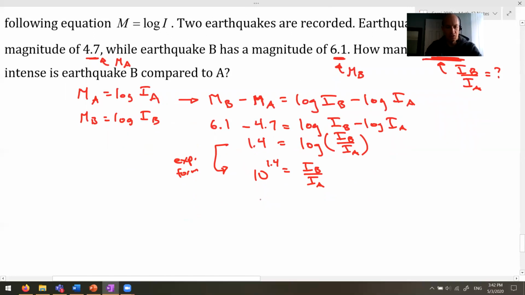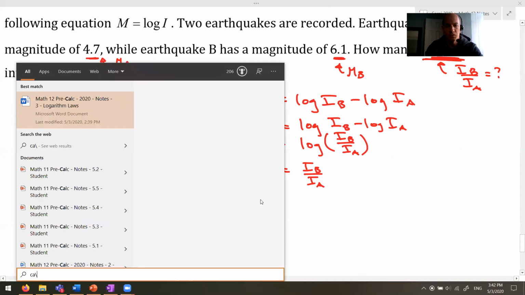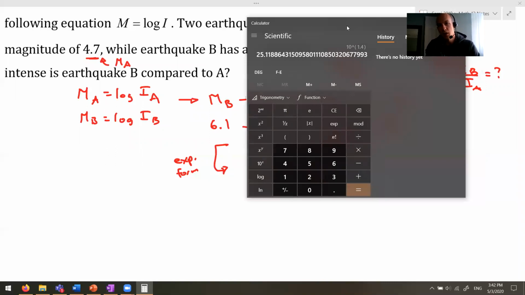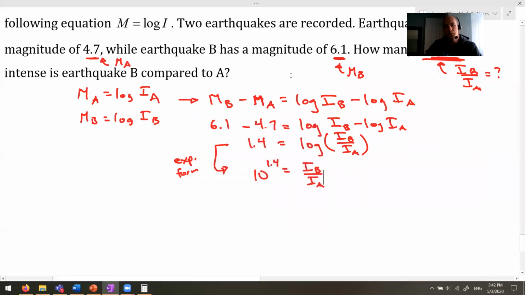Just to work this out, we'll go to the calculator and type in 10 to the 1.4. I think my calculator likes it when I type that in first. There we go. So this gives us an answer of 25.1. So the ratio of IB over IA is approximately 25.1.